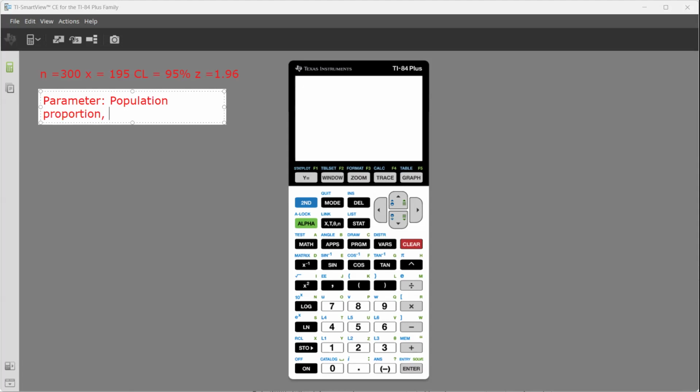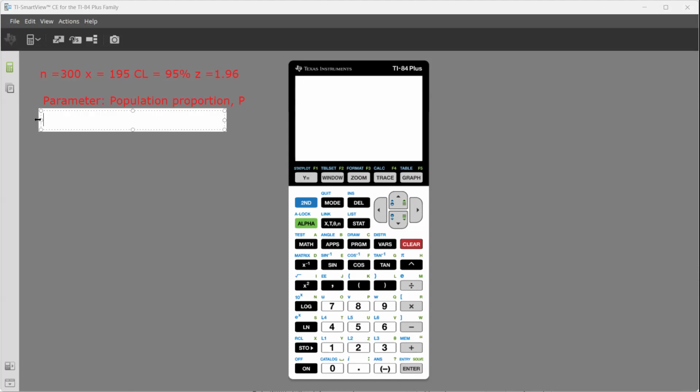And I'm going to write the symbol P just to keep that in your head, that capital P is the population proportion. Now, I'm going to test my assumptions because I have some assumptions that I have to test.